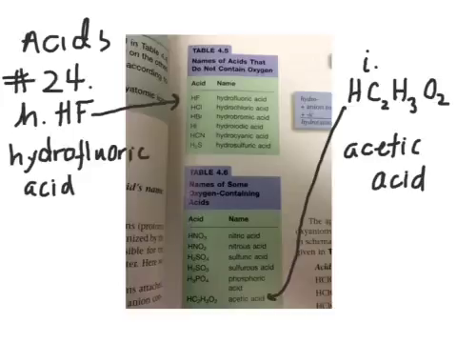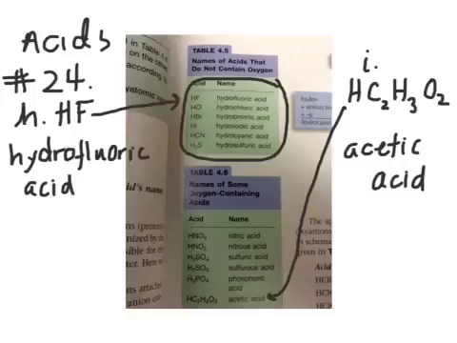Okay, so notice these guys without the oxygens, they all have hydro as the first prefix, and then instead of hydrofluorine acid, it becomes hydrofluoric, hydrochloric. So it's not hydrochlorine, it's hydrochloric, hydrobromic, hydroiodic, hydrocyanic, hydrosulfuric.